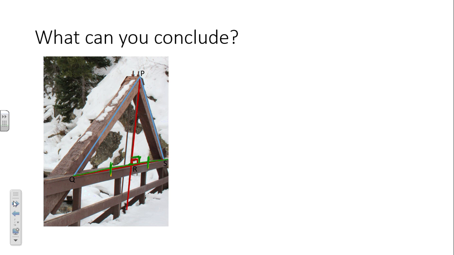So based on that, what is PR? What's its name? Perpendicular bisector. And now that we know it's a perpendicular bisector, what can we conclude?